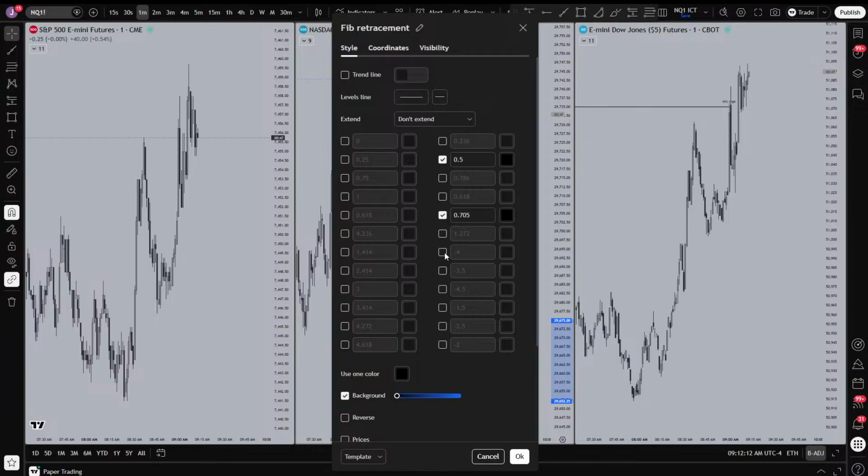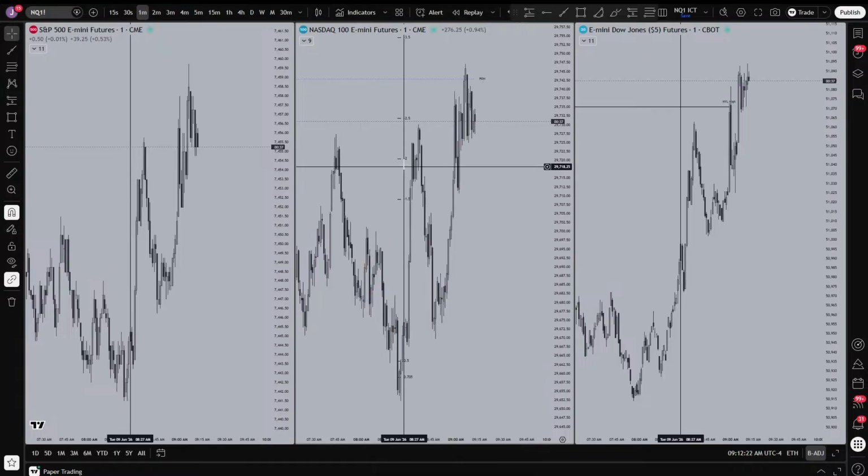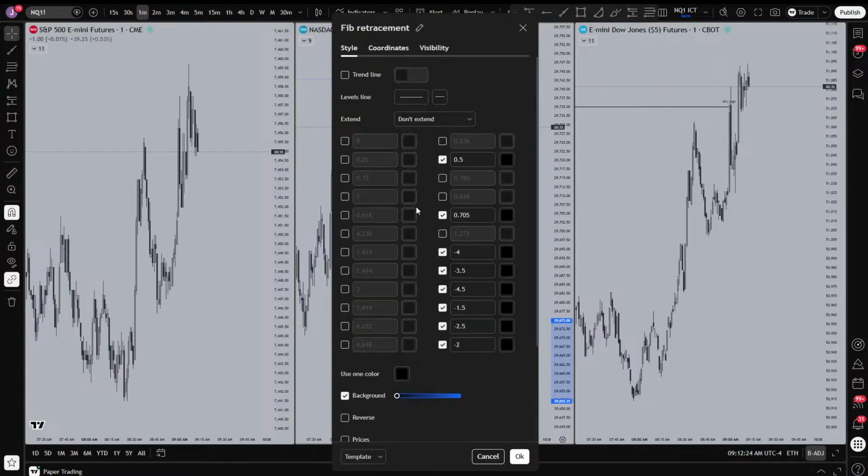I like to measure out -4, -3.5, -4.5, 1, -1, -2.5, and -2. Those are where the projections line up. Also, a big one is -2.25. -2.25 is where reversals happen from, and where we're going to get a retrace from.